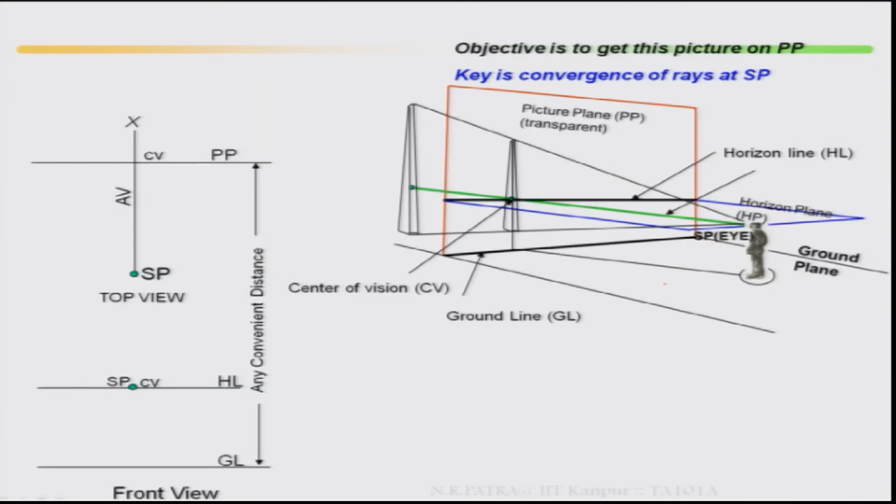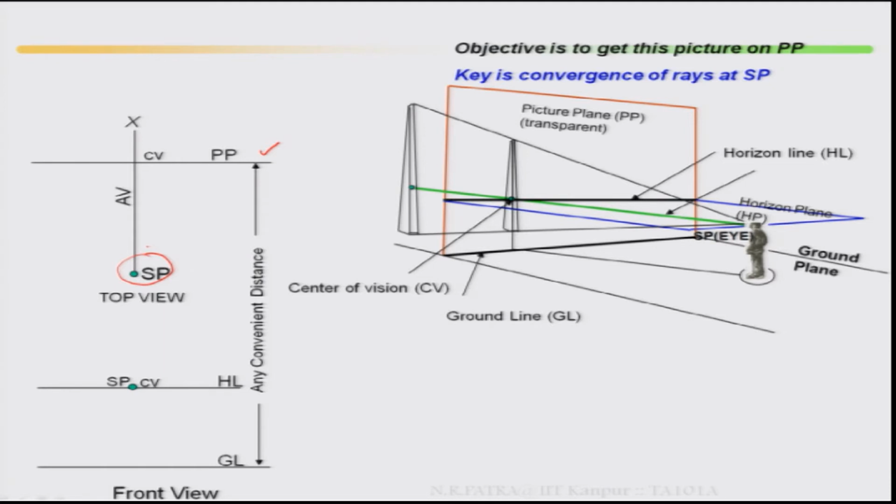Now if I take this 3D view into actual drawing practice, this is my picture plane, a simple line that has been drawn. Then from the picture plane, how far you are standing, the station point, will definitely be given. The coordinates of the station point will be given, in the top view or maybe in the front view.